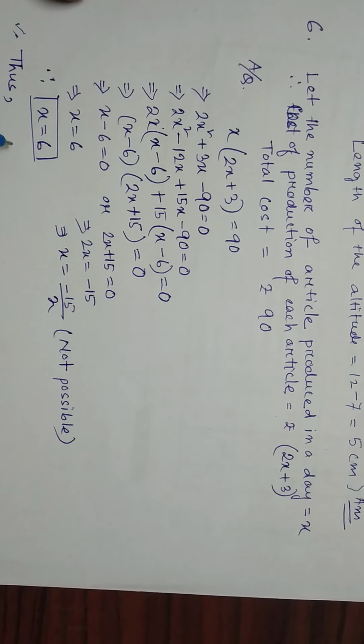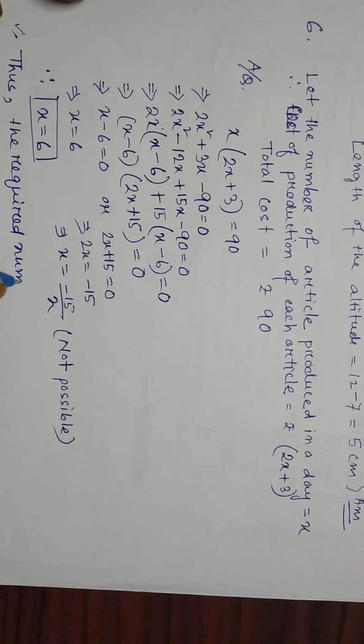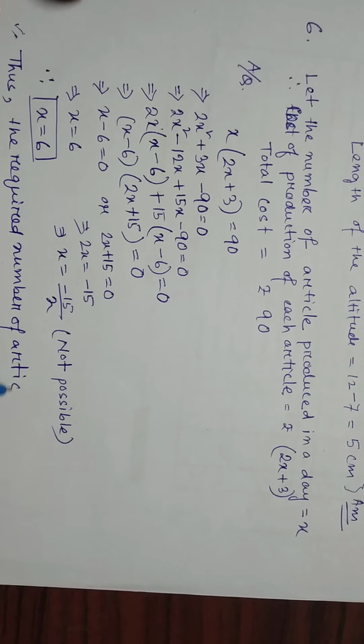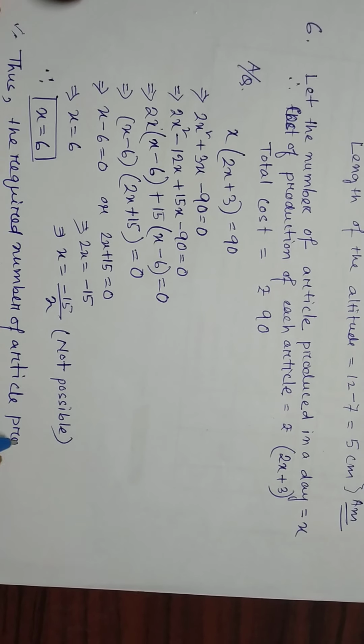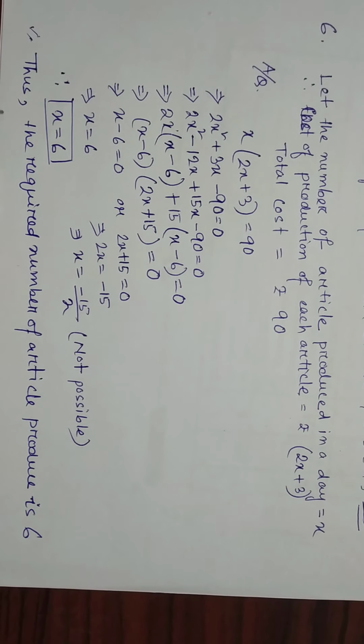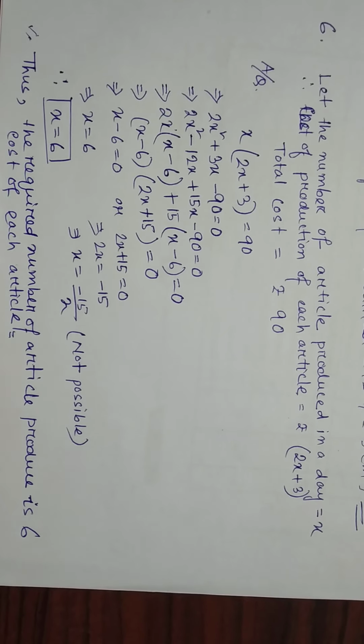Thus the required number of articles produced is 6, and the cost of each article is equal to how much?